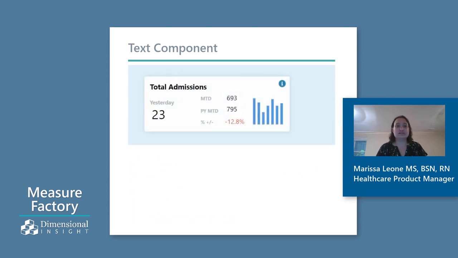The other way that you can use the text component is if you wanted to reference the selected measure.